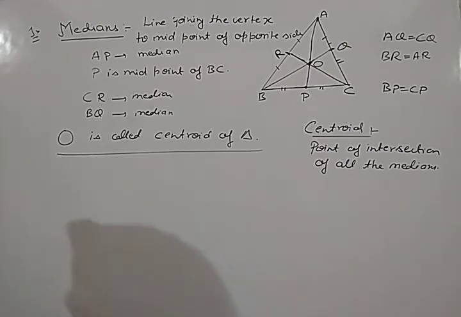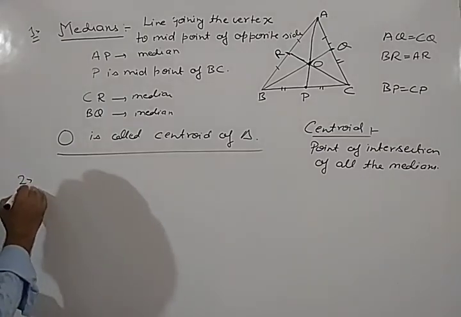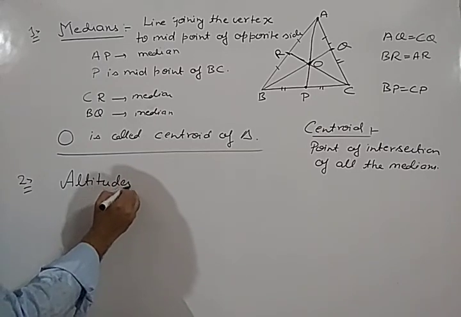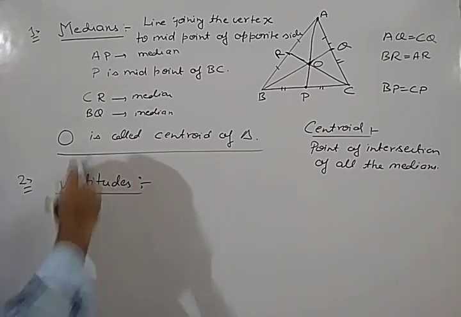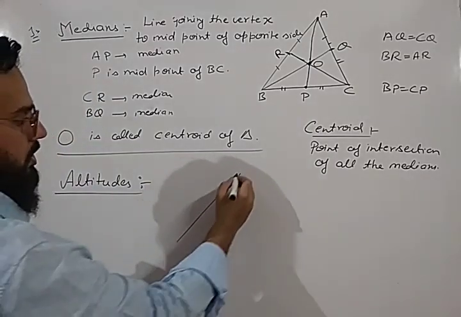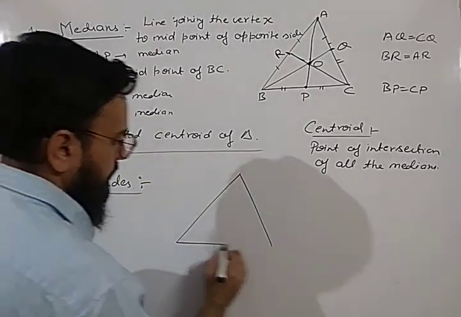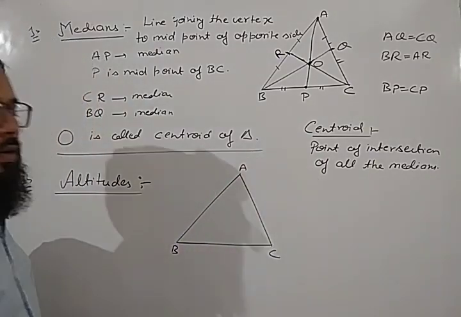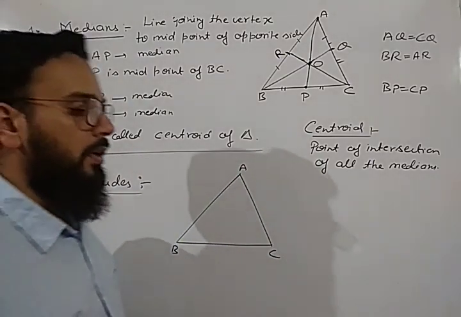Now the second term, it is altitude. Now what are altitudes? Suppose this is our triangle ABC.